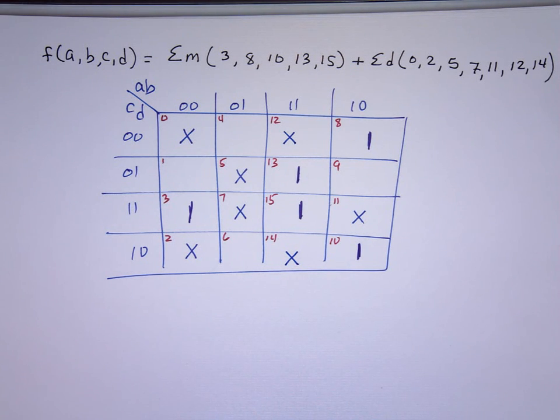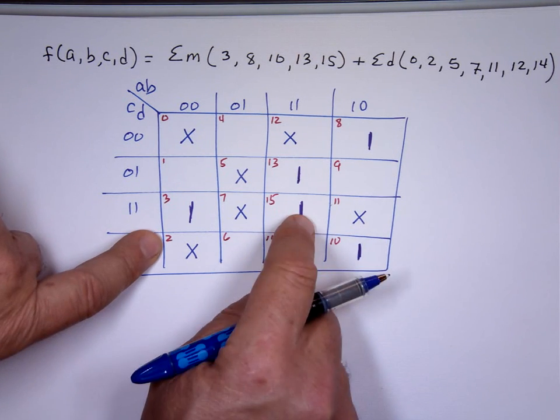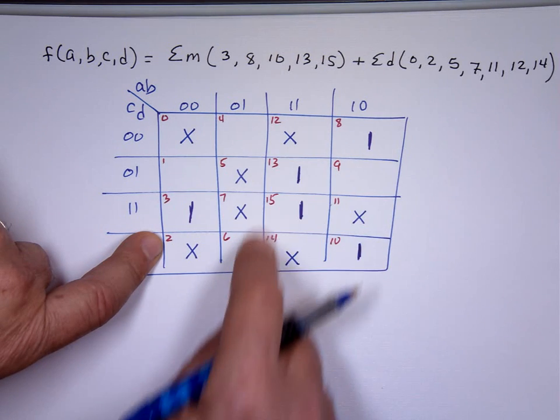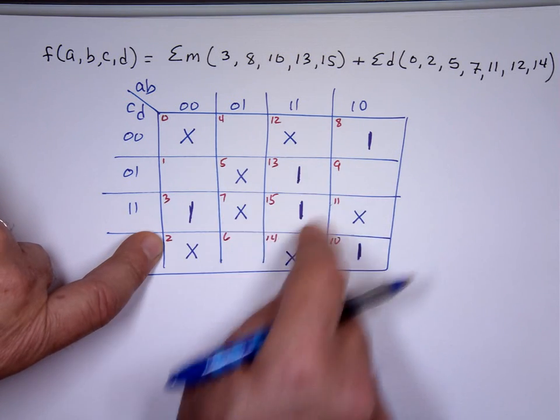Now again, your focus should be on the ones. I need to group the ones. I can see quickly there's more than one way. Notice these 2 ones here. See them? I can take them as a group of 4 this way or a group of 4 that way.